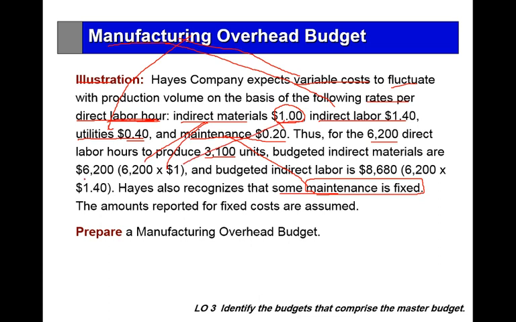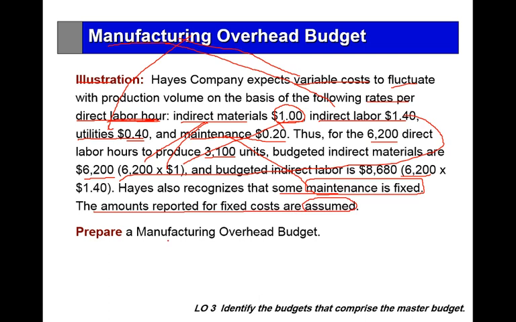The budgeted indirect labor, in the same manner for 6,200 hours, we must multiply by $1.40. It is also recognized that some maintenance is fixed. The amounts reported for fixed costs are assumed; the fixed costs are given in the illustration.